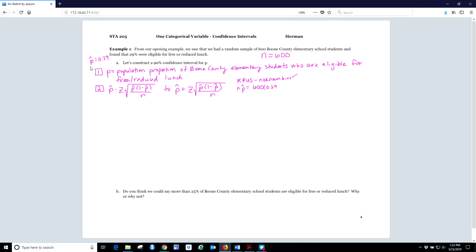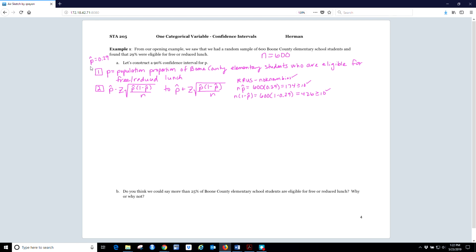So we get 174 for the N times P hat. And then for our N times 1 minus P hat, we get 426, which is also at least 10. So our conditions are met.